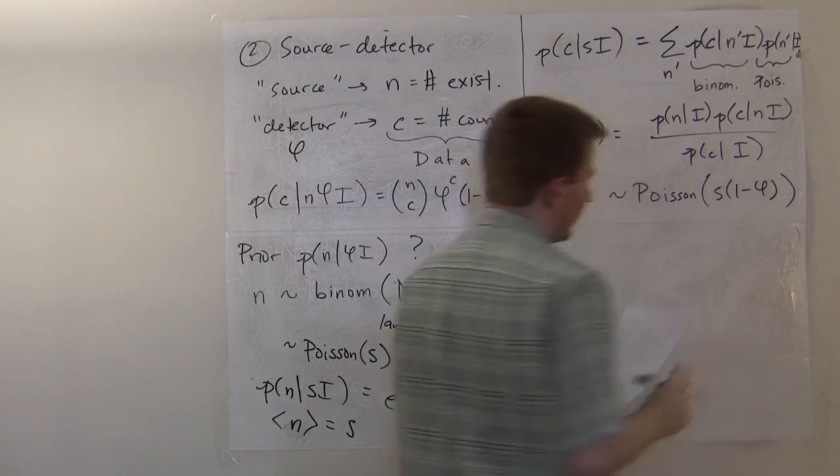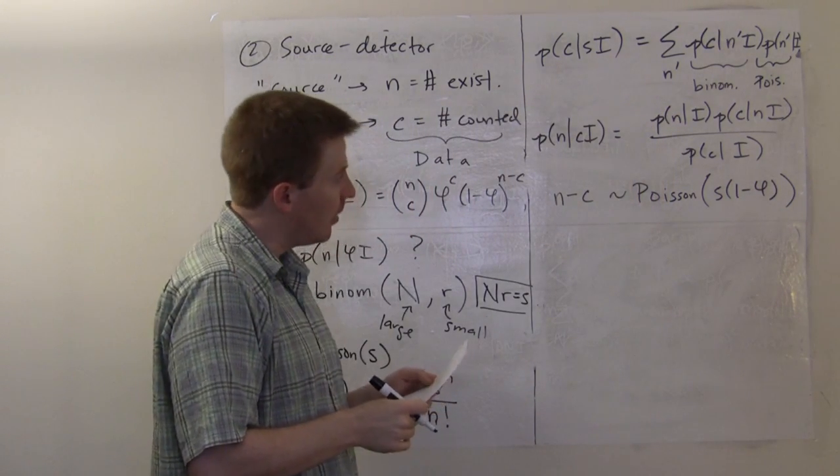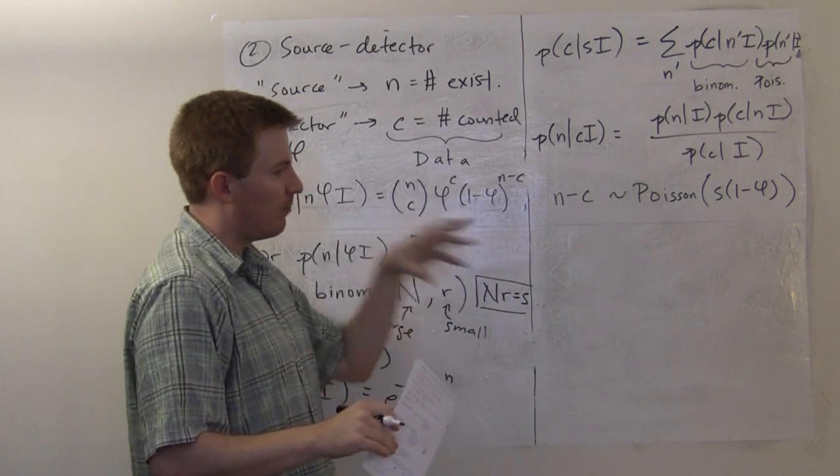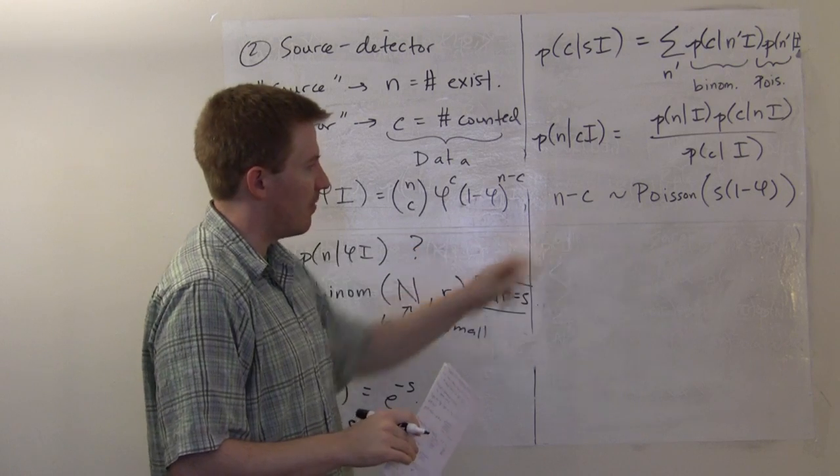That is, S times 1 minus phi, where phi was the efficiency of the counter that's picking out the number C out of the number n.